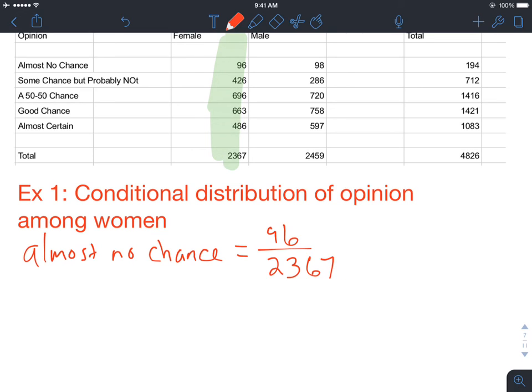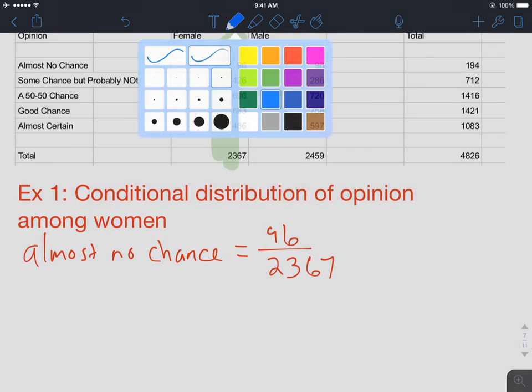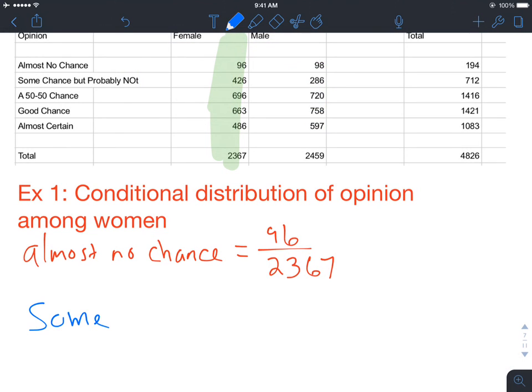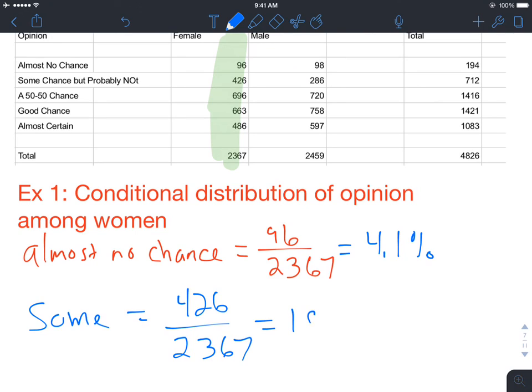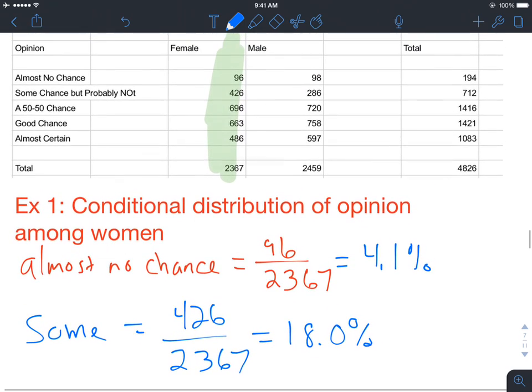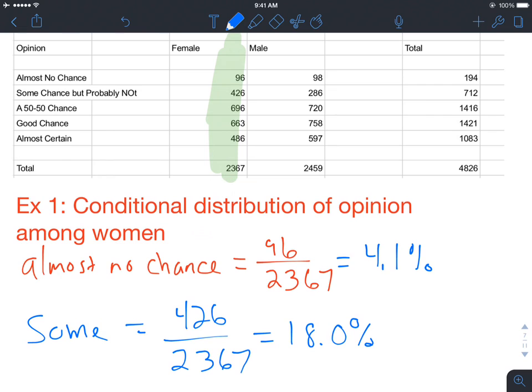Whoops, one extra there. Some chance of women is 426 divided by 2,367. And here I'm calculating the conditional distribution of chances for women. The condition is it's women, so I'm only looking at them. And you could go along the line and figure out the rest of those.